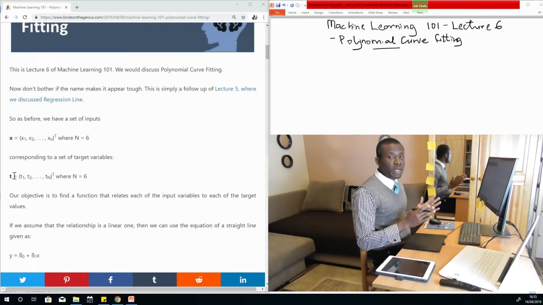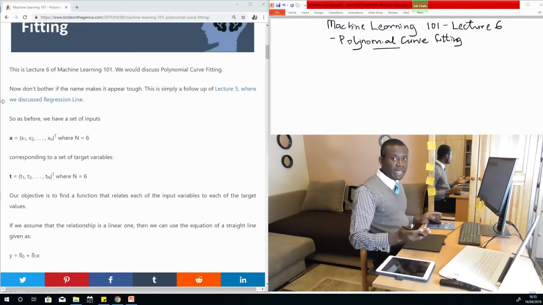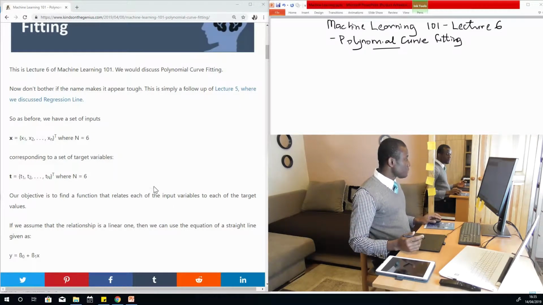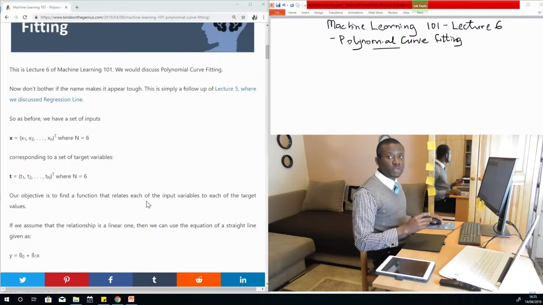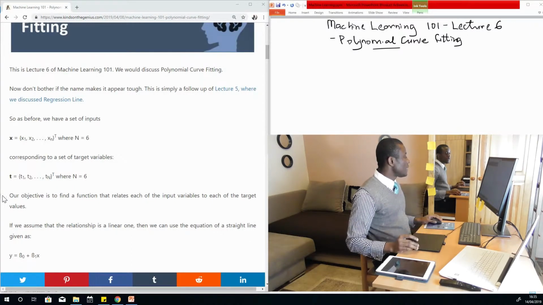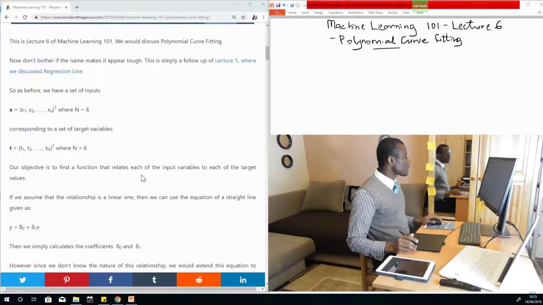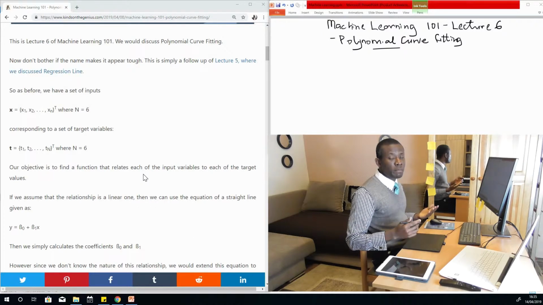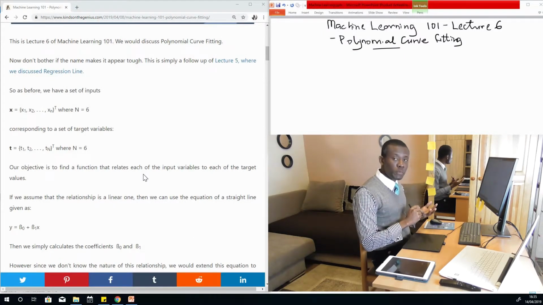In machine learning we have this data set and we have the target. The target, which corresponds to the dependent variable, is given as t1, t2 to tn for n is equal to 6. So it's just the data set represented in a mathematical form. I also want to remind you that machine learning is divided into three parts: supervised learning, unsupervised learning, and reinforcement learning.